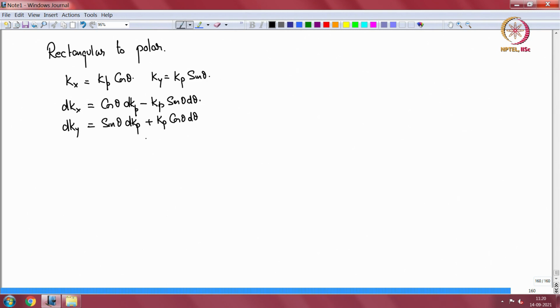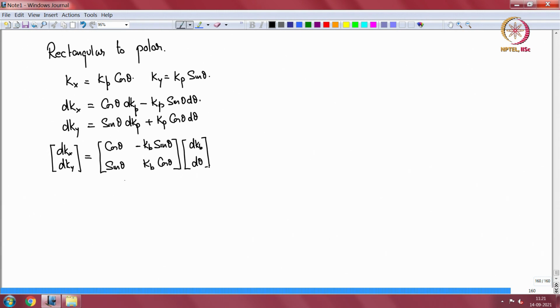Okay. If I put it in a matrix form, I have dkx, dky is equal to the matrix cos theta, minus kp sin theta, sin theta, kp cos theta, times dkp d theta.